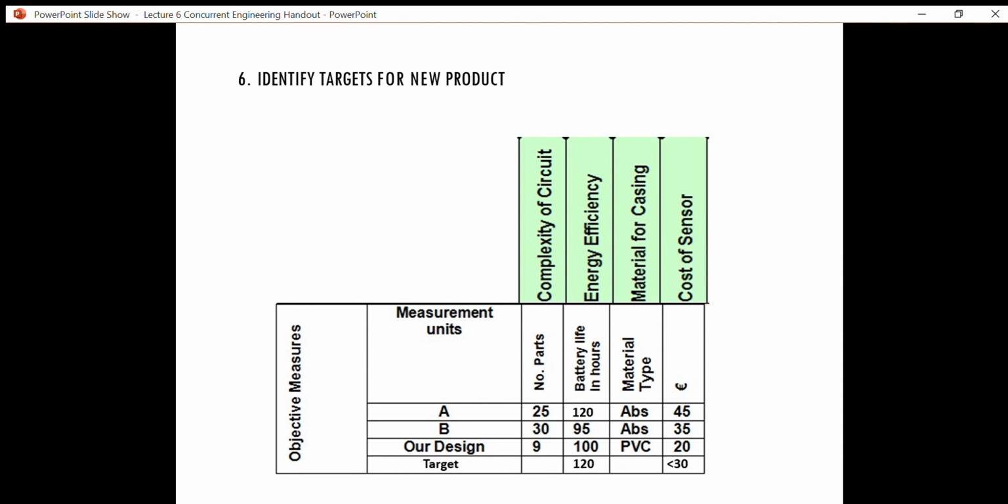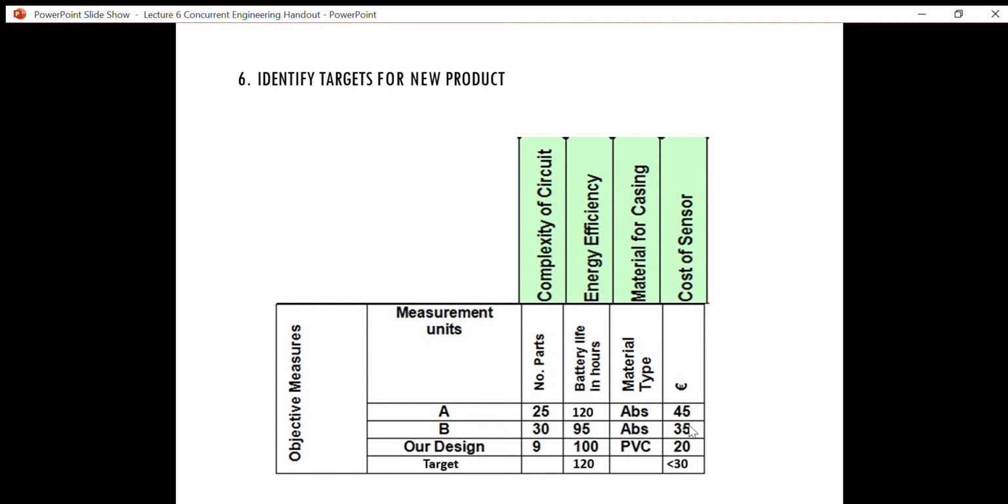And then for energy efficiency, we can see the other companies: company B is 95 and company A is 120 battery life in hours. We target 100 for our design, but we still aim to achieve similar to company A. That is our target. We also have a target line here.